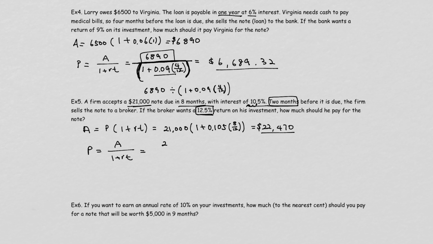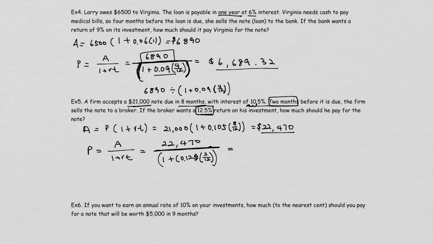The total amount is right there, and 1 plus the rate should be the decimal form of 12.5%. So it'll be 0.125 times 2 months, 2 over 12. When you plug this in, make sure you have another parenthesis to show that the whole thing is dividing.